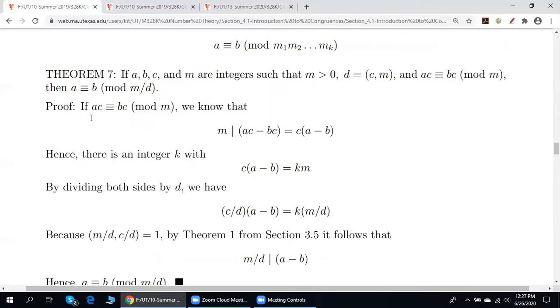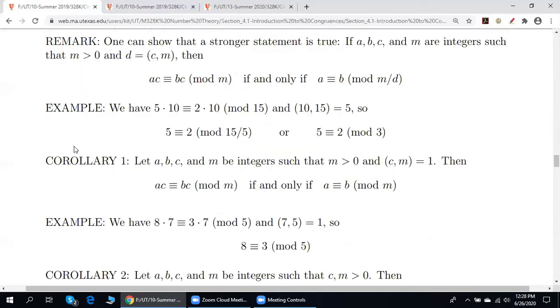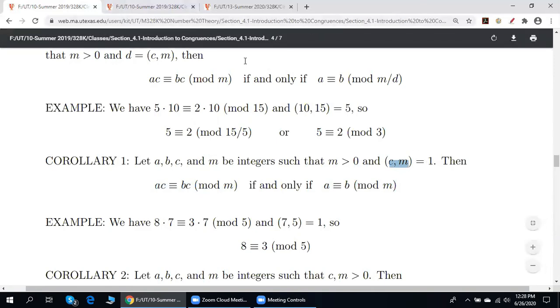Over here we say that this is actually an if and only if statement. And now in particular, take a look at the corollary. Suppose C and M are relatively prime, then this, if and only if this. So this always implies this. However, this implies this only if C and M are relatively prime.